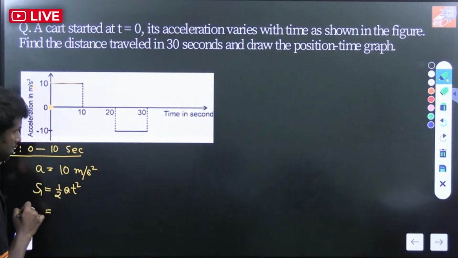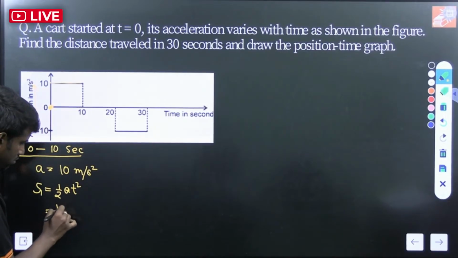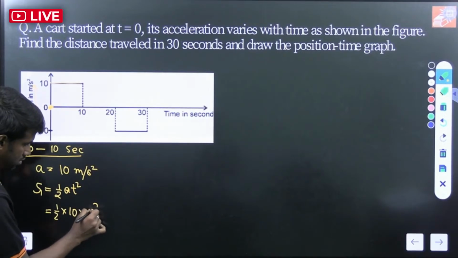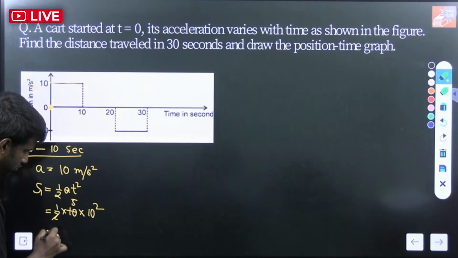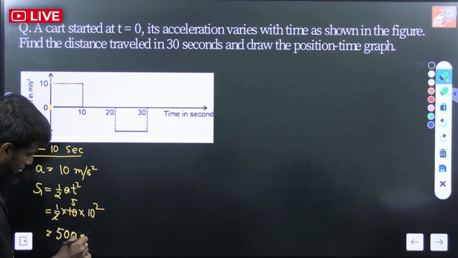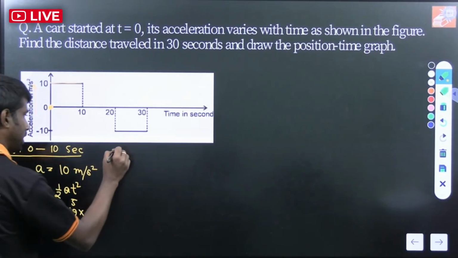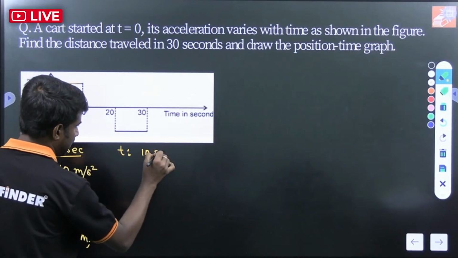So first displacement, here to here when it goes. So half a value is 10 into t also 10 here. So 10 square. So we are getting here 5 into 10 square is 100. So 500 meter.